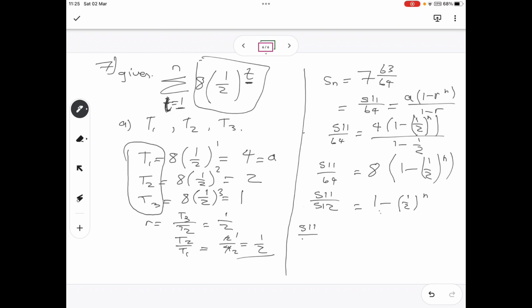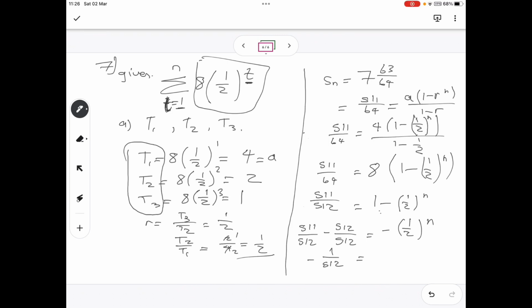Then it's minus 1 minus 1, so 511 over 512 minus 512 over 512 equals negative half to the n. And then this is negative 1 over 512.